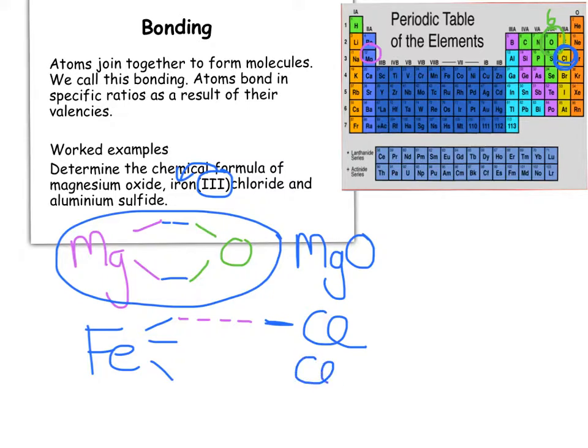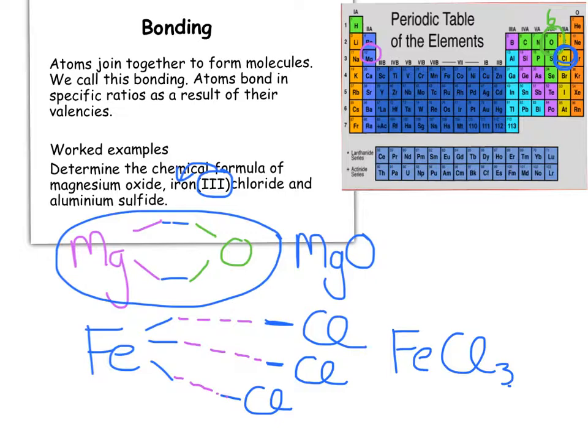So what happens is another chloride comes along, hold hands, and another chloride comes along to hold hands until everybody is happy. Now let's write a formula for that. Fe in the picture, Cl, 1, 2, 3 chlorides, so FeCl3.